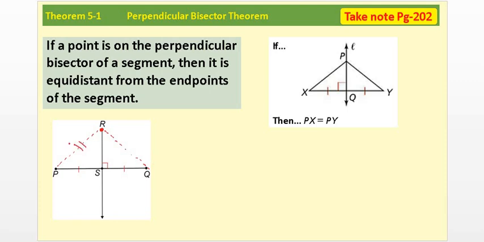Like, for example, if this distance is 5 centimeters, then this distance will also be 5 centimeters. So if you have a point P on the perpendicular bisector, then its distance from X and Y will be the same. So we can say PX will be equal to PY.